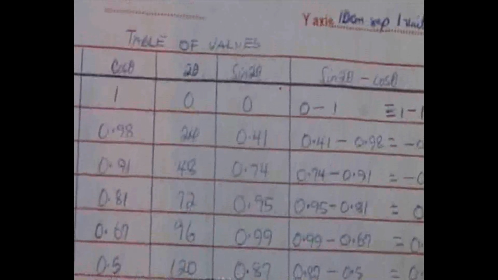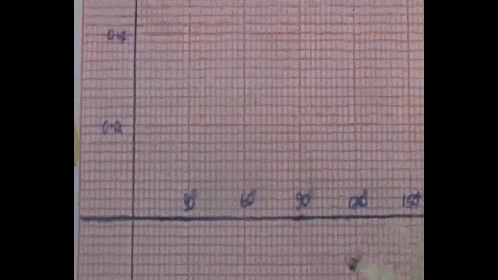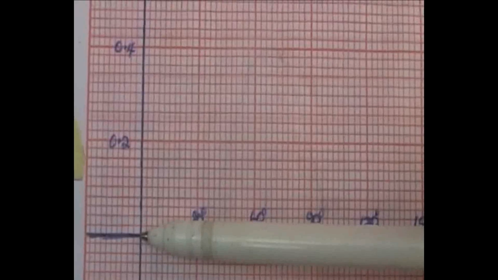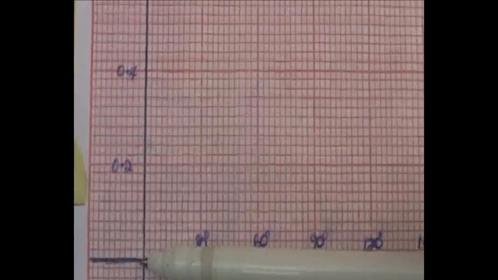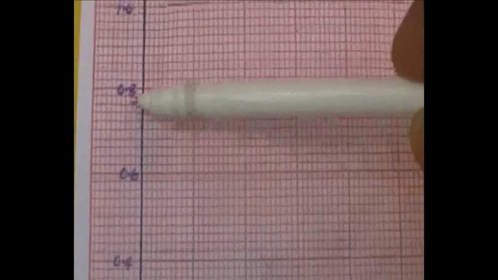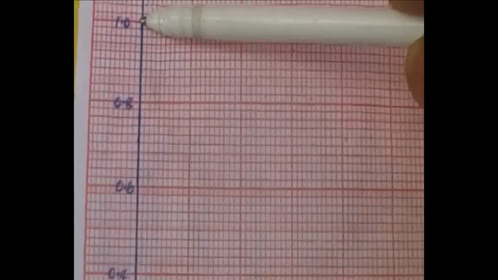Then along the y-axis, 10 cm represents 1 unit. So that was why you saw it is synonymous to the sine theta and cos theta and tan theta graph we plotted before now. From here to here is 2 cm, 4 cm, 6 cm, 8 cm, 10 cm. And you can see from this place to this place is just 1 unit.